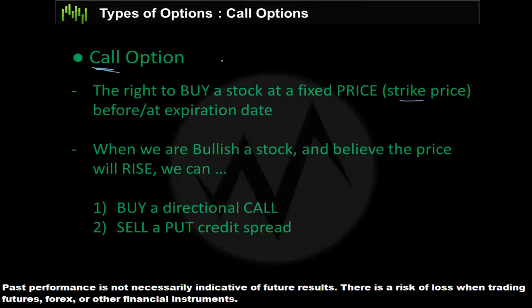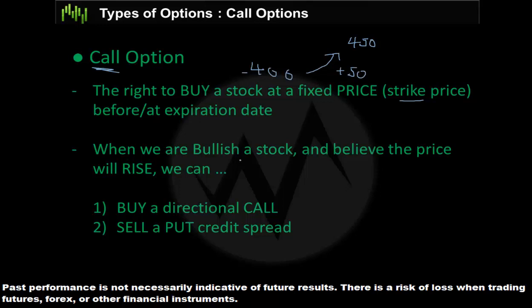So basically, Apple is at 400. You buy an option with a strike price at 400. The price of Apple goes to 450 by the end of the week. Okay, because you have the option, you can buy the stock at 400 and you can sell it to someone at current prices at 450. So you earned $50.